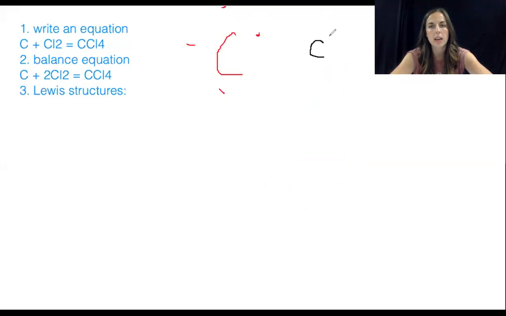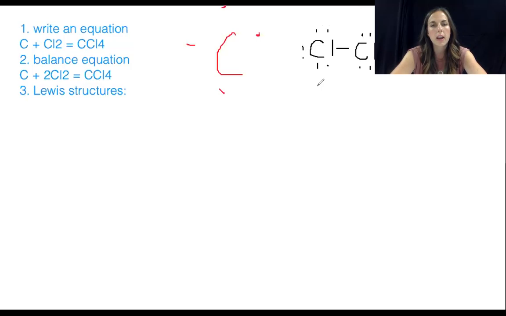So it's going to be a Cl bonded to another Cl. Now chlorine each has 7 valence electrons. Here's 2, so that means I'm working with 14, right? So I counted 2, 3, 4, 5, 6, 7, 8, 9, 10, 11, 12, 13, 14.